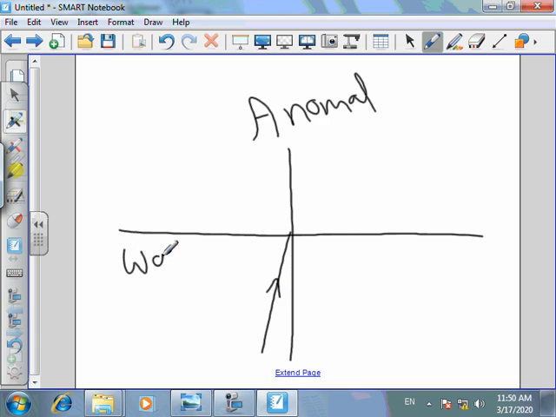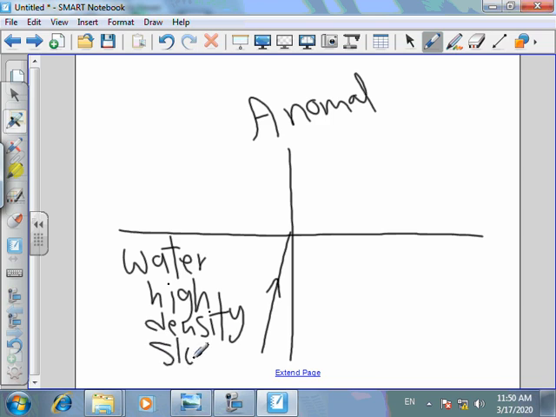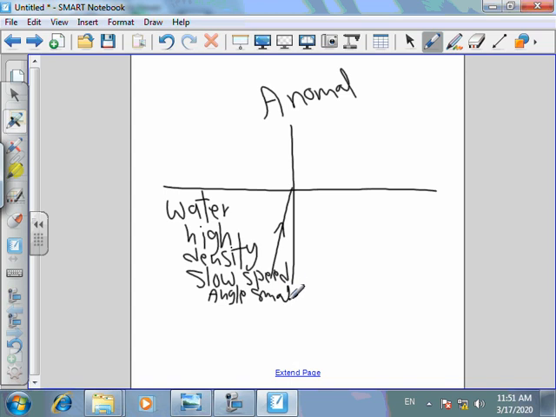Water again has high density. The speed of light in water is slow, and as the speed is slow, the angle too is small. Angle small. So you can find that there is a direct relationship between the speed and the angle between the incident light ray and refracted light ray.